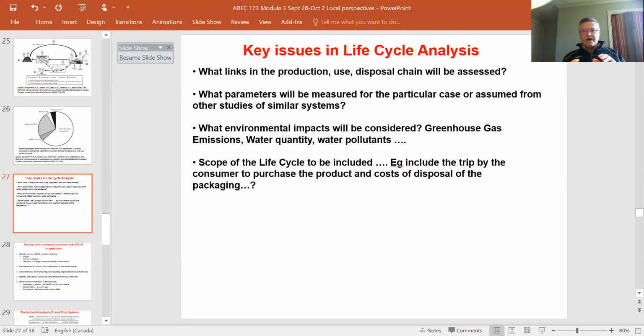Are we going to look at just greenhouse gas emissions, or is water use very important in this setting, or is energy use very important in this setting? And it depends upon the reason you're doing this. And we have to think about what we are going to include.